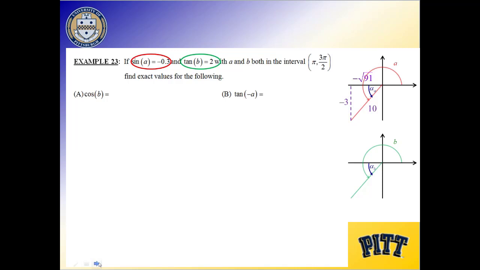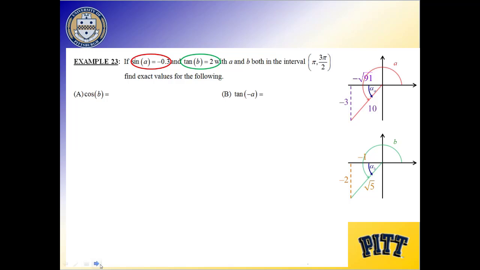But we're told here that the tangent of B is 2. It's going to be negative 2 over negative 1, because my x and y values are both negative, and a negative divided by a negative is a positive. I calculate what the hypotenuse is: square root of 5.